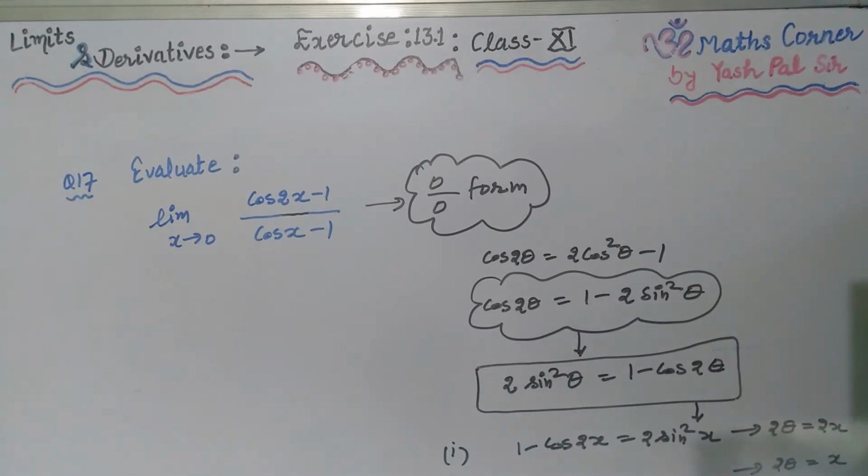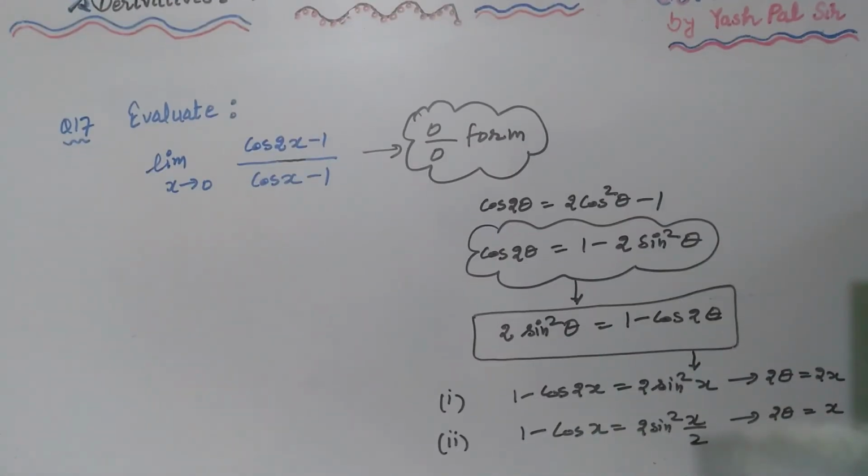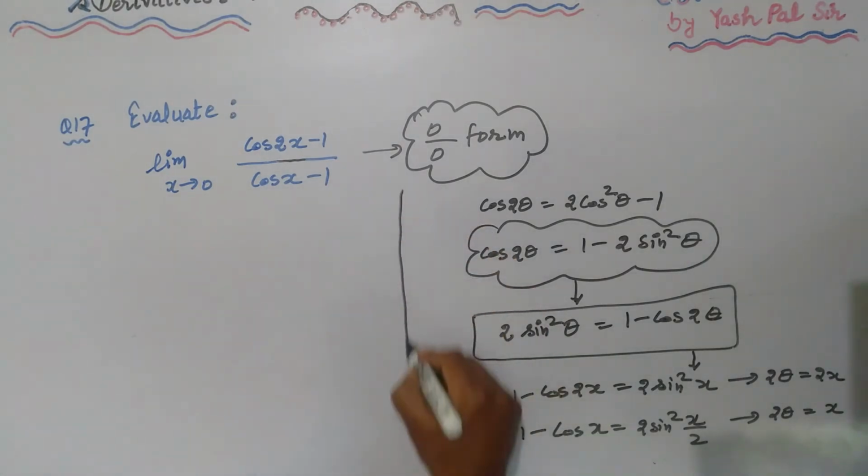Then what happens, the numerator on the left hand side becomes 1 minus cos x is equal to 2 sine square of x upon 2, if we put 2 theta is equal to x. So like this we are solving the question.